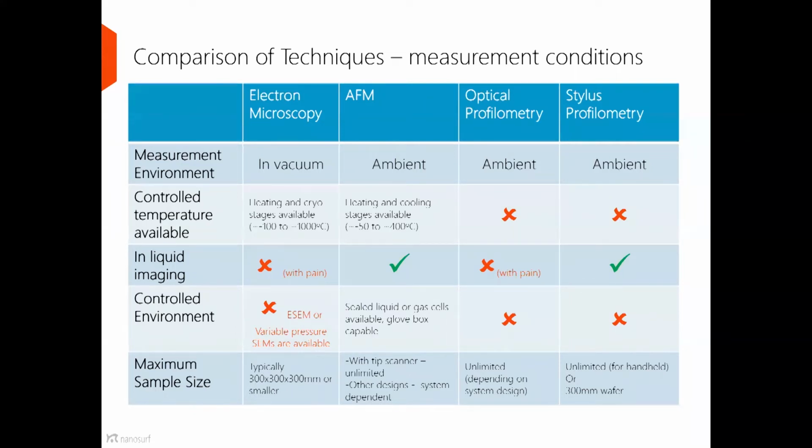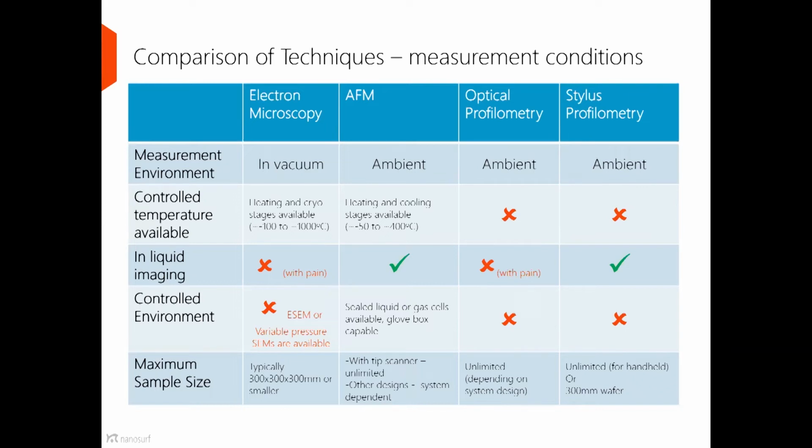And again, for our ambient AFMs, we have AFMs available on the market that easily go from sub-zero to a few hundred degrees C, depending on design. Now, you can buy secondary or tertiary third-party stages that would go onto our optical and stylus profilometers, but by and large, that's not something that's done very commonly.